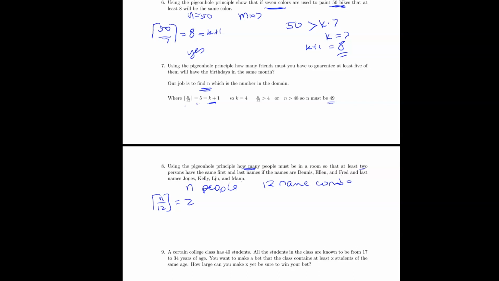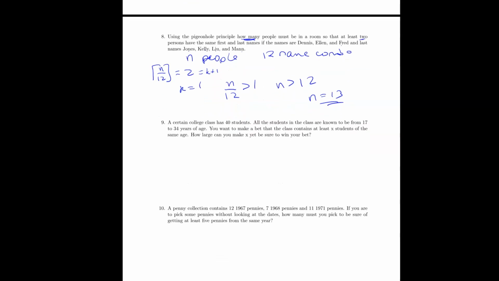At least 2 people, so I want that to be 2. So that's k plus 1, then k must be 1. So that means n divided by 12 is bigger than 1, so n has to be bigger than 12. So that must mean that n is 13. So that's the number of people that you would need to pick to make sure they have the same last and first names.